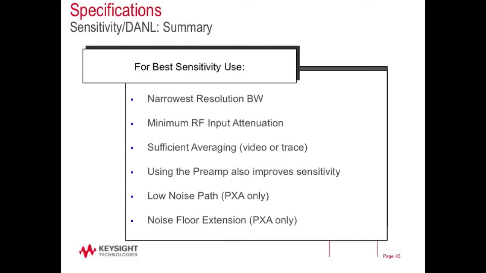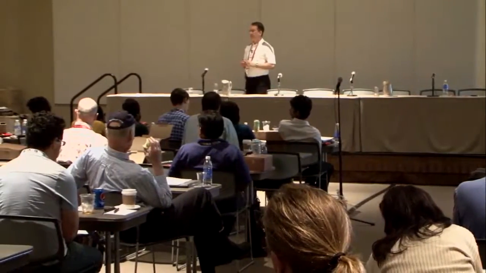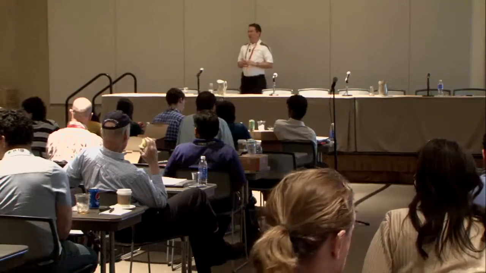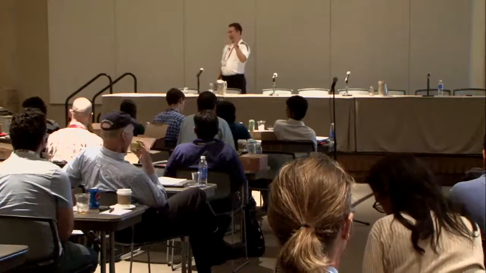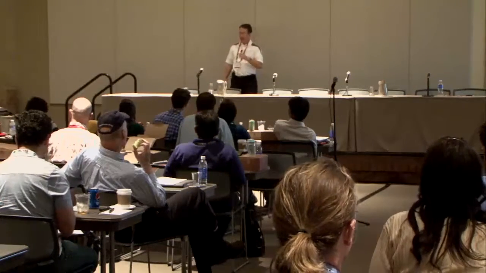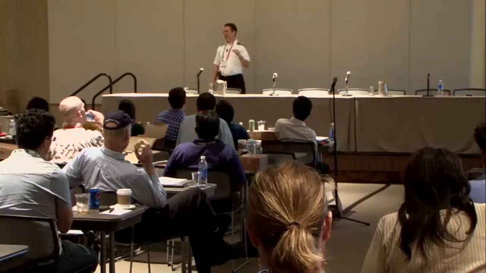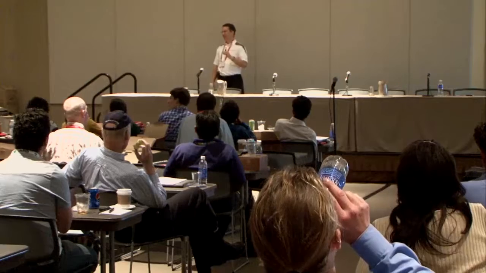On setting the resolution bandwidth, are there any guidelines? Is that independent from the video bandwidth, or do you have to have a conversation with them? Okay, so what are the guidelines in terms of using resolution bandwidth? The good news is that the simple answer is just use the defaults in the spectrum analyzer, and you'll probably be okay.